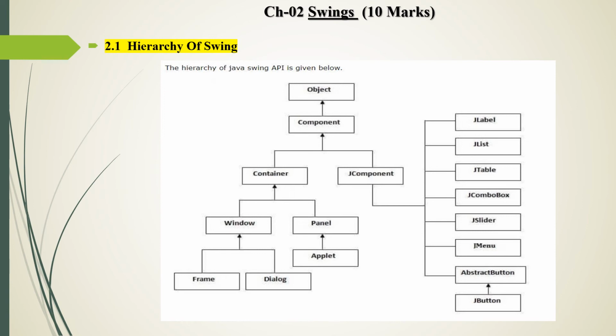ComboBox is a new component in Swing, which is not present in AWT. Next, JSlider, JMenu, AbstractButton, JButton. So these are some components from JComponent, and we see these components in this chapter one by one.